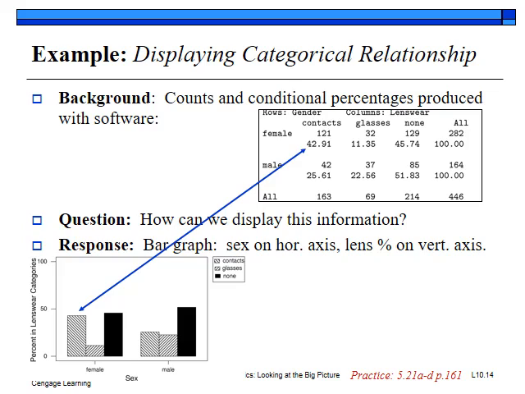So since about 43% of females wear contacts, above female we'll make the bar corresponding with contacts have a height of 43. Looking at the other conditional percentages, we'll fill in the heights of the other bars in the corresponding way.